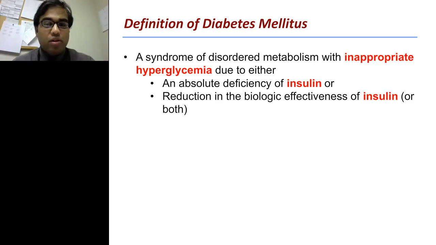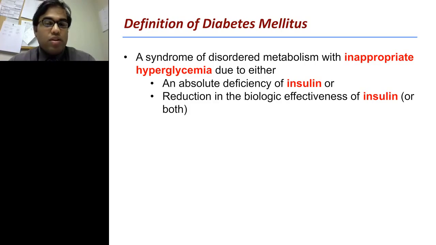And when you closely look at this definition, clearly there is two parts of this. One is the inappropriate hyperglycemia that these patients have, but also that it is related to either an absolute deficiency of insulin, which we typically see in type 1 diabetes, or a reduction in the biologic effectiveness of insulin. So there's two parts of it. It's both the glucose and the insulin.